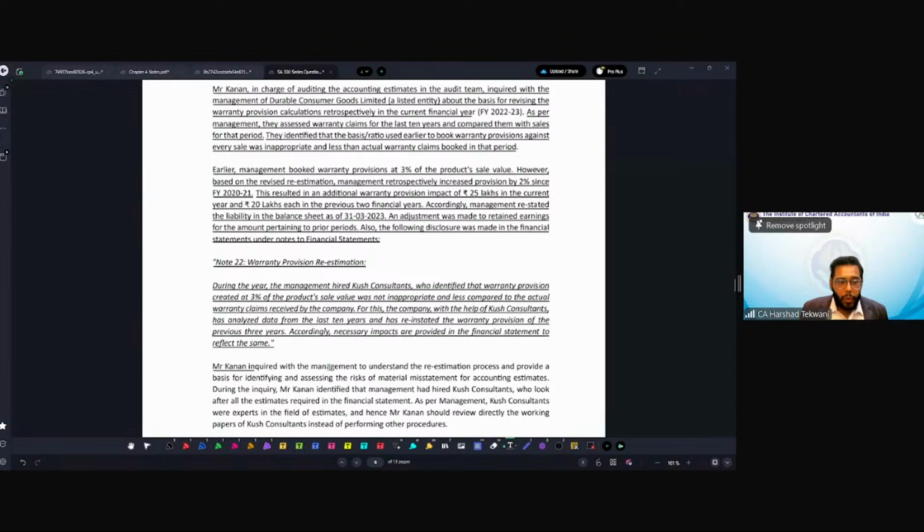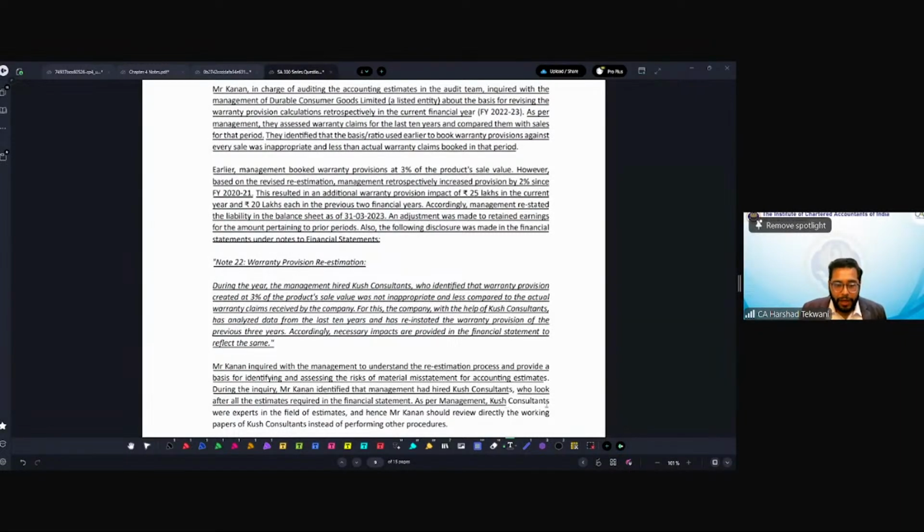Mr. Kannan inquired with the management to understand the re-estimation process and the basis for it, to identify and assess the risk of material misstatement for accounting estimates. During the inquiry, Mr. Kannan identified that the management hired push consultants who look after all the estimates required in the financial statements.